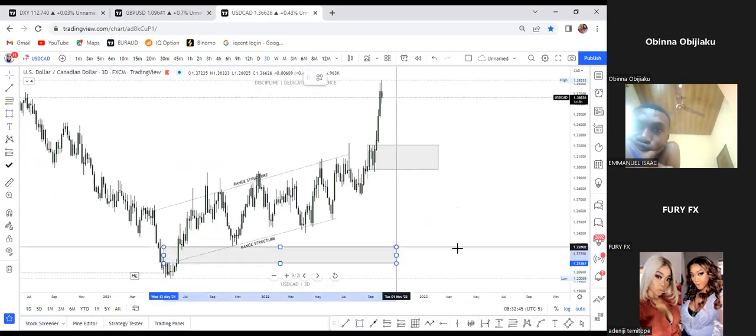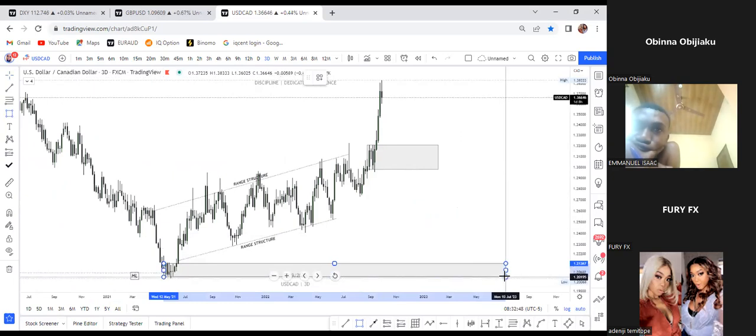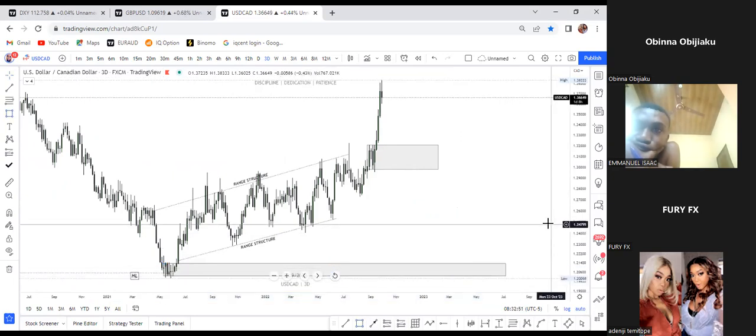In a range structure, price is not going back to mitigate the immediate candle that caused the break of structure, the sponsor candle. Price will not go back instantly to mitigate that candle. What will price be doing?